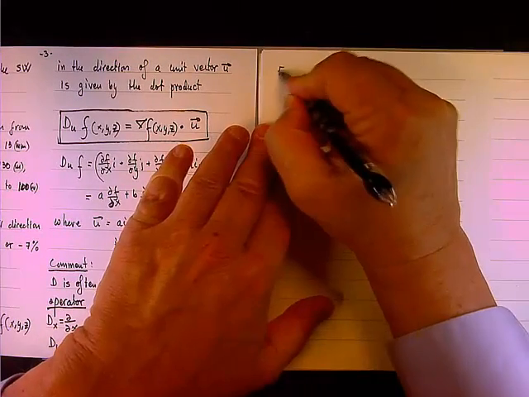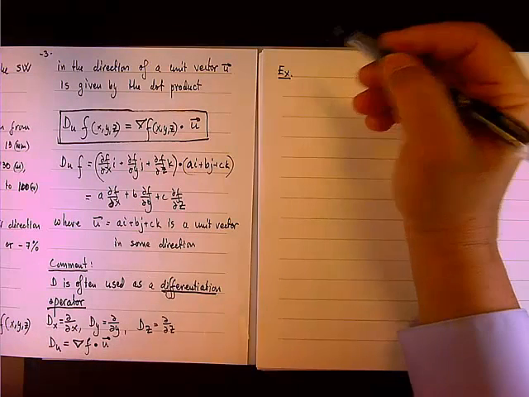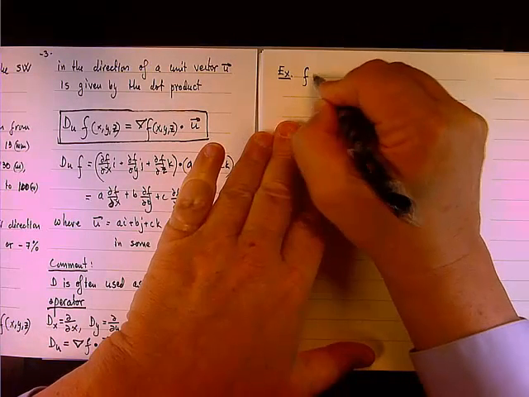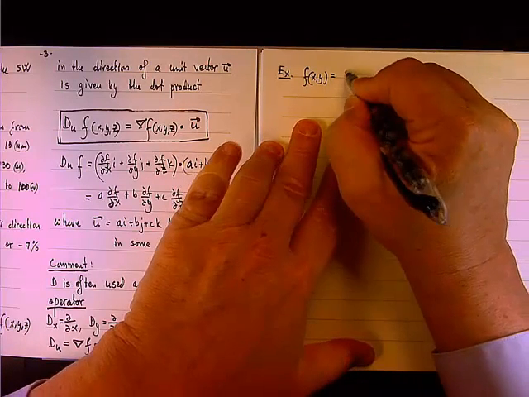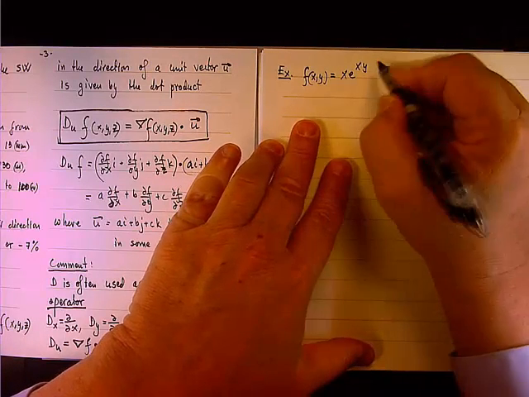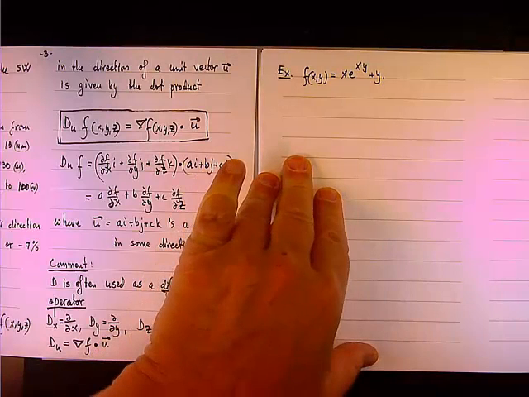All right. I'll start writing the example here. So this is the first example, and let's look at the function f of x, y is x e to the xy plus y.